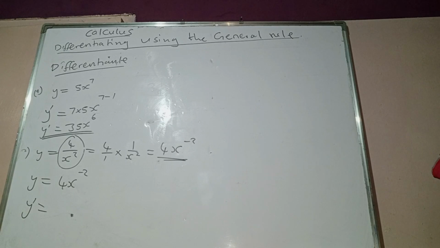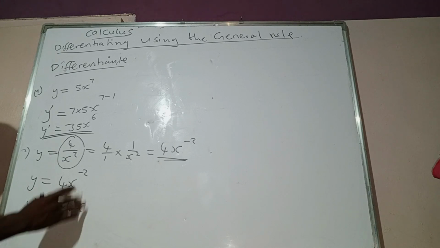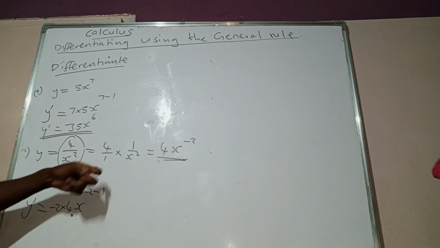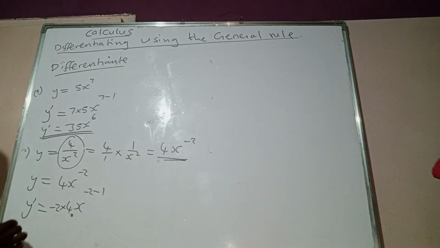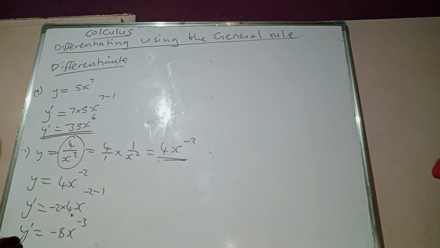Finding the y prime is going to be negative 2 multiplied by 4x to the power negative 2 minus 1. Always remember to subtract 1. So our y prime is equal to negative 8x to the power negative 3. How can you write this one?